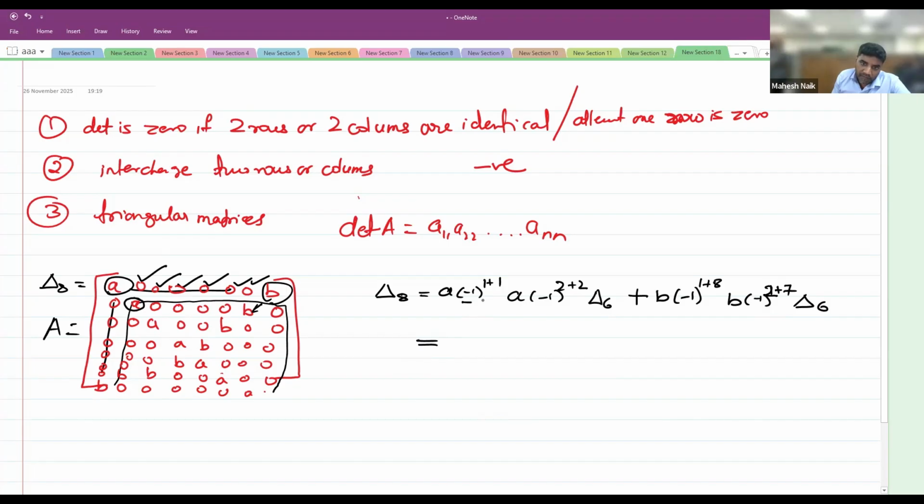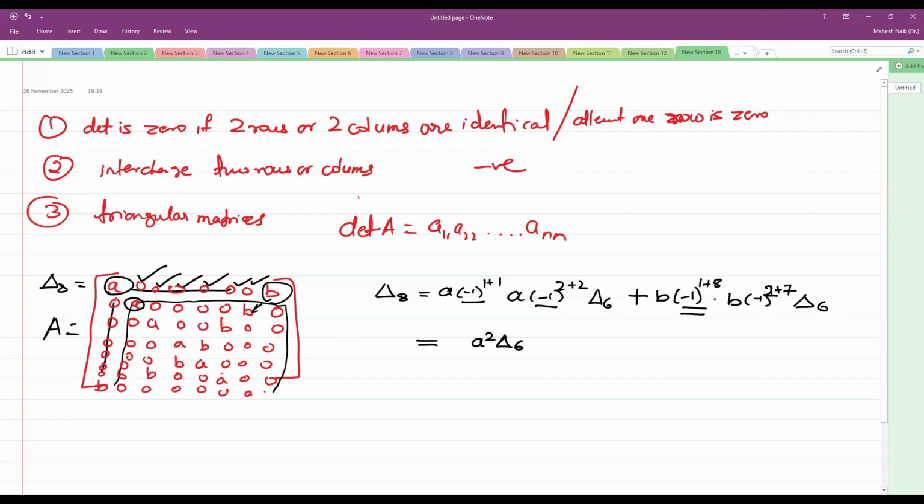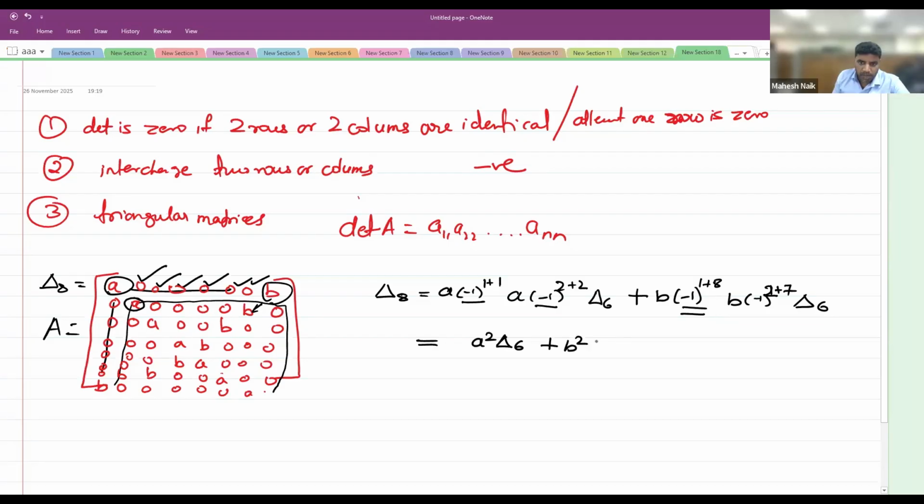Now, of the powers of minus 1 that we have, the first part will have positive powers, so we have a square into delta 6. The second part will give me negative 1 raised to 8 plus 1, which is 9, giving me plus b square.